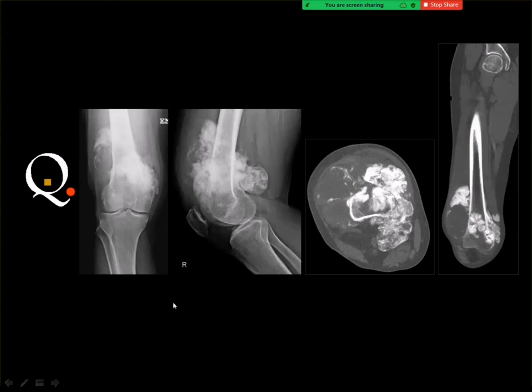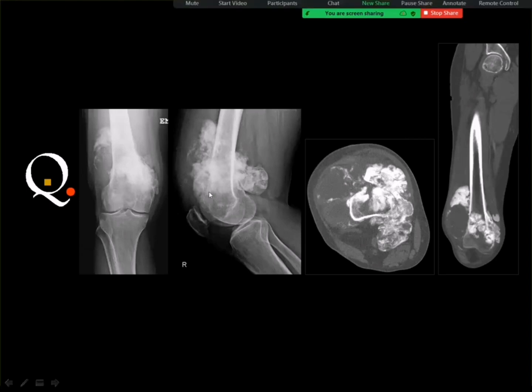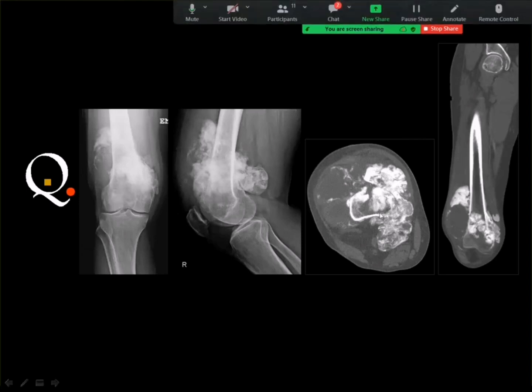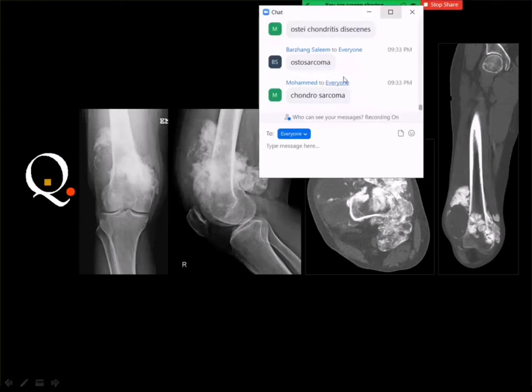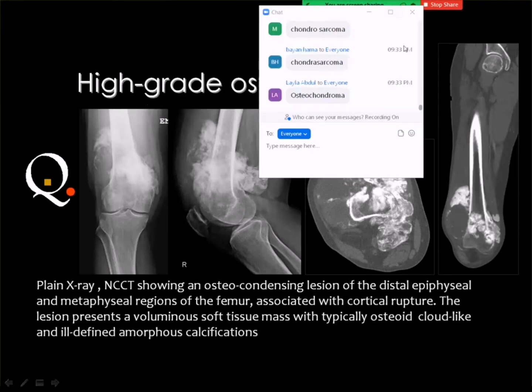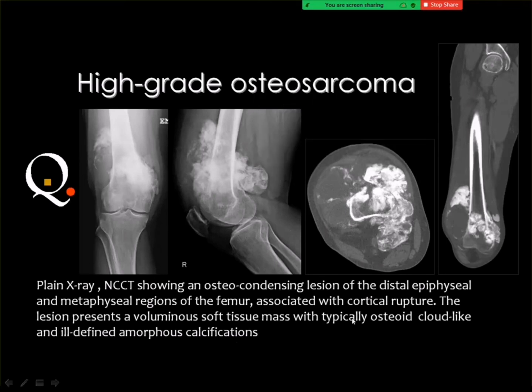Next case, and you got X-ray of the knee with a big calcified mass, and you see also in the CT scan. Yes, chondrosarcoma is a good possibility. Osteosarcoma is also a good possibility, and the right answer was high-grade osteosarcoma.